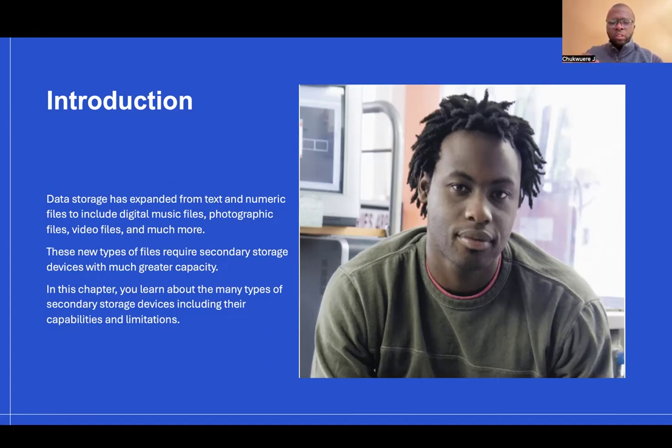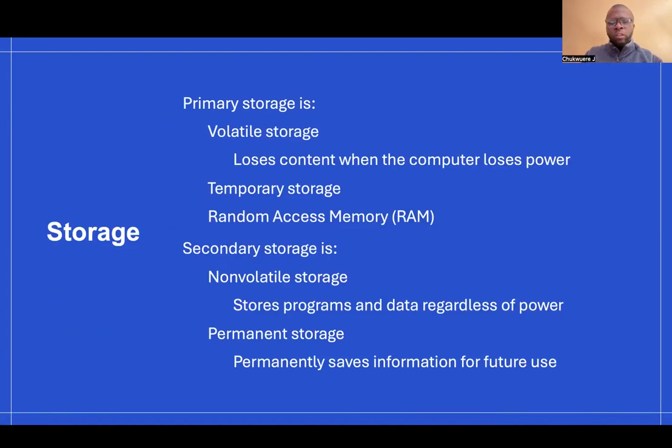And because of that, we need a secondary storage to enable our primary storage to hold more data, to enable our system not to be overloaded with a lot of things, not to slow down the speed, not to render our system incapacitated to do what it needs to do. So based on this limitation in the primary storage, secondary storage is essential for you not to overburden your primary storage. Okay?